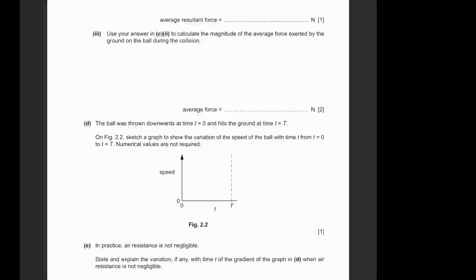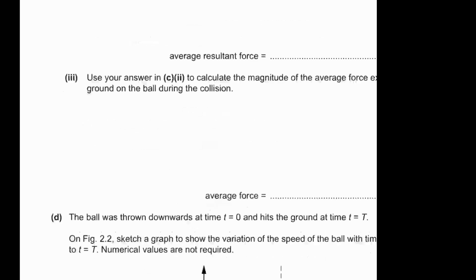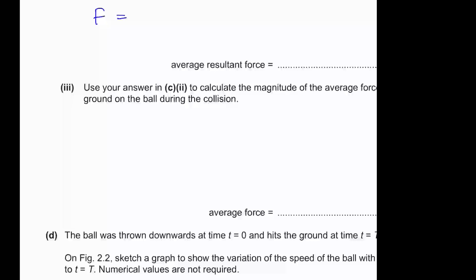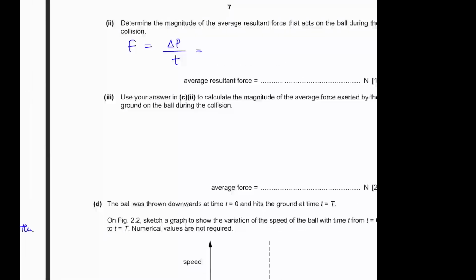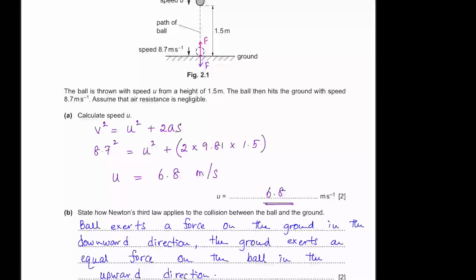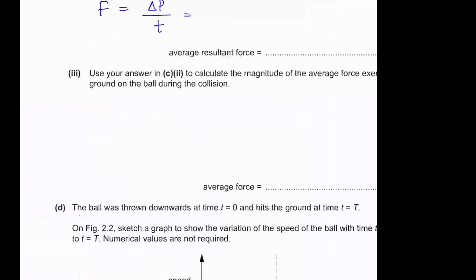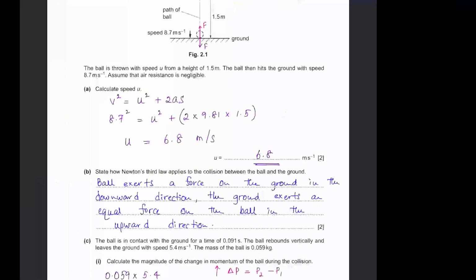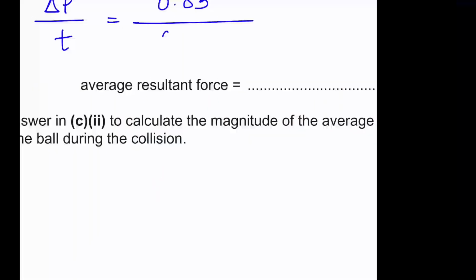determine the magnitude of the average resultant force that acts on the ball during this collision. Of course, now here you have to use that time. Force is equal to rate of change of momentum, which is change in momentum over time taken. So the change in momentum is 0.83 over the time taken, the ball is in contact with the ground for 0.091 seconds.